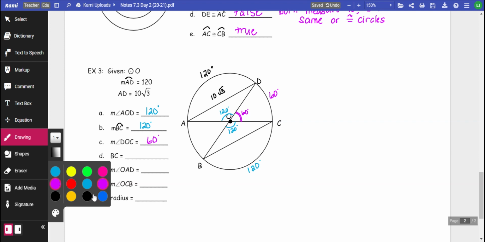Next, I have to find the length of segment BC. Again, if I have congruent central angles, then I have congruent chords, and the length of segment BC is 10 root 3.